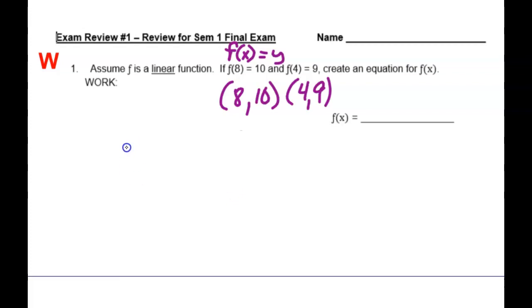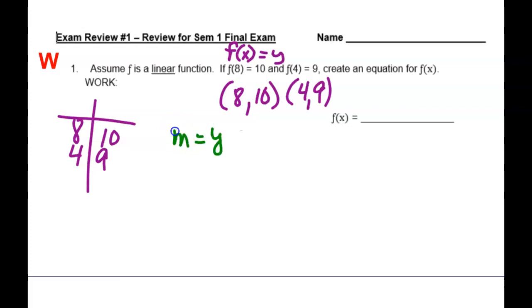You could also do this by using a line of regression. You could put 8, 10, 4, 9. I can go through both real fast. If you're doing it by hand, you would want to find the slope, y2 minus y1 over x2 minus x1, and then use point slope.